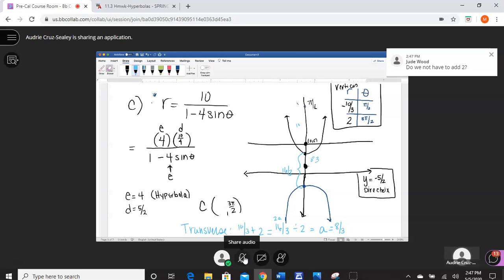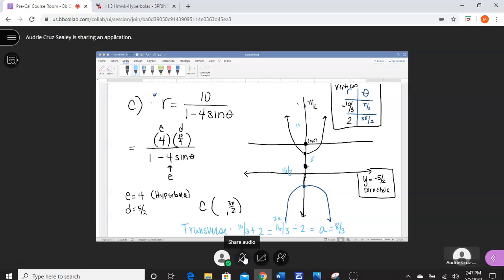Let's look at it again. Do we not have to add the 2? I did. 10 thirds plus the 2 is 16 thirds. I added the 2 here to get the length from vertex to vertex. So from vertex here to here is 16 thirds. The center's in the center of that. So that's 8 thirds in between. So that means that from here to here is 8 thirds.